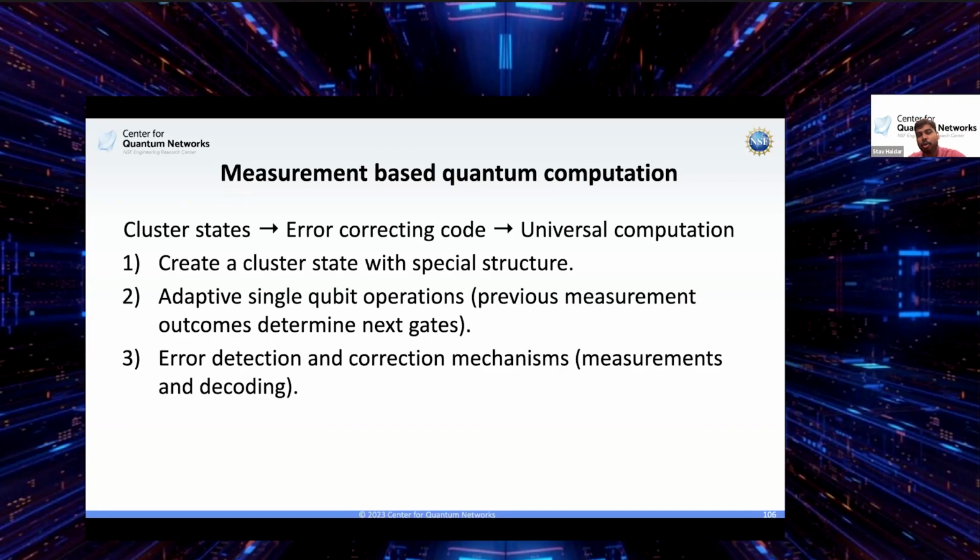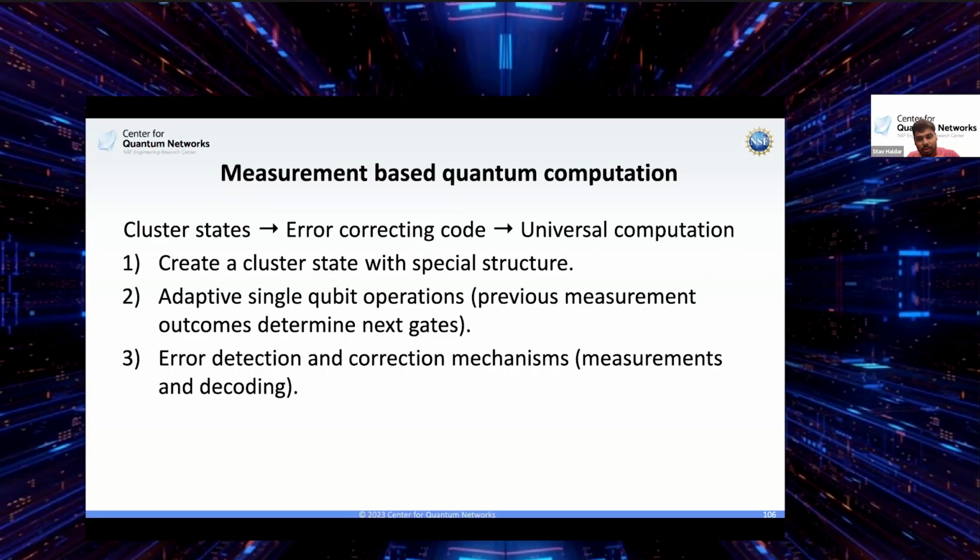And then if you want to do a particular kind of computation, you create a particular cluster state. Then you do some adaptive single qubit operations on the qubits in that cluster state. So remember, the important part here is that now you only need single qubit operations. To create the cluster state, of course, you need to do these control Z gates and so on, which are 2-qubit gates. Once you have created it, you have your resource ready.